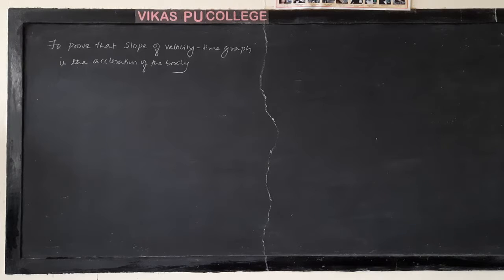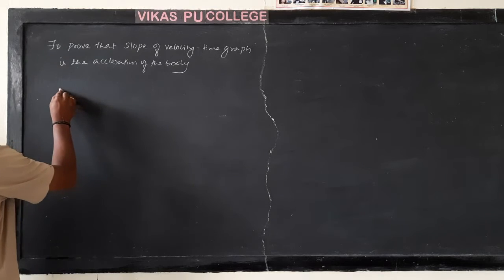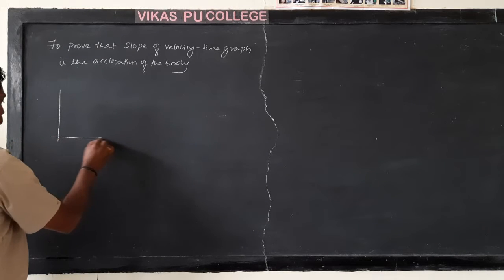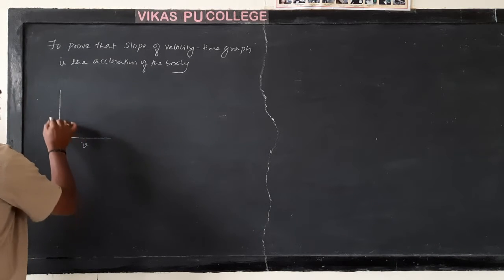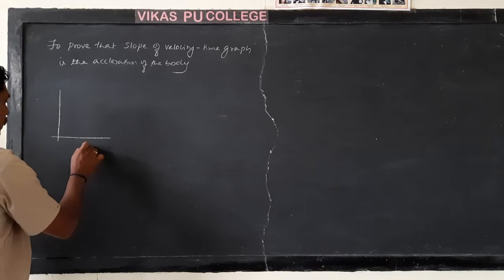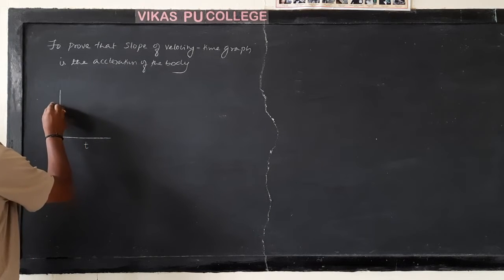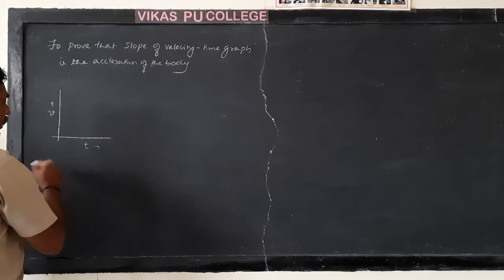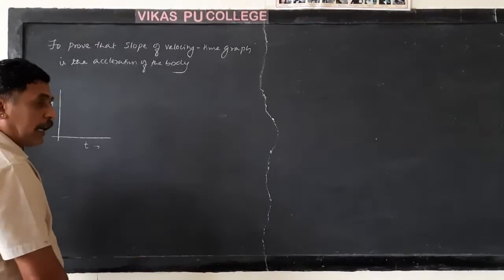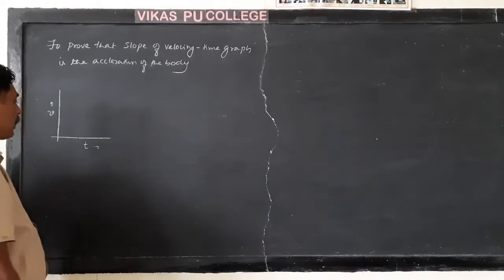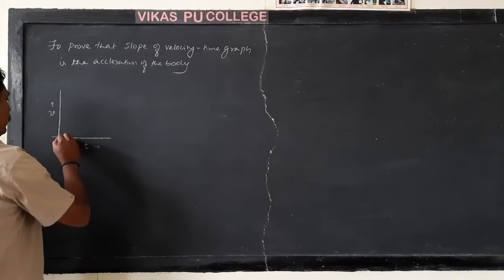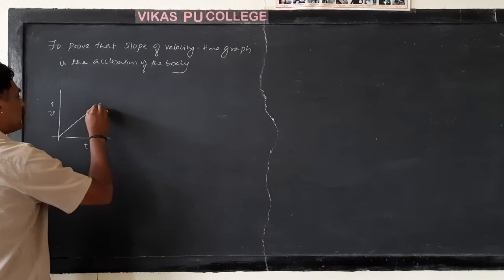Now let me consider a velocity time graph of a body. It starts from rest, imagine, and it is moving with uniform acceleration.